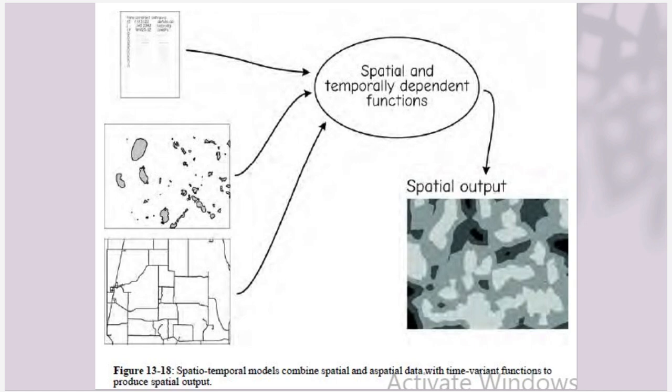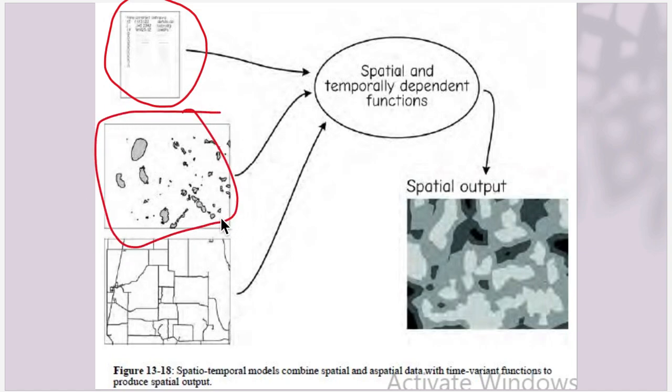Here is figure 13-18, and the spatiotemporal models combine spatial and aspatial data with time-variant functions to produce spatial output. Here is an example of our aspatial data, tabular data, and then we have our spatial data and our geographic region. When we combine all of these, we get our spatial output.